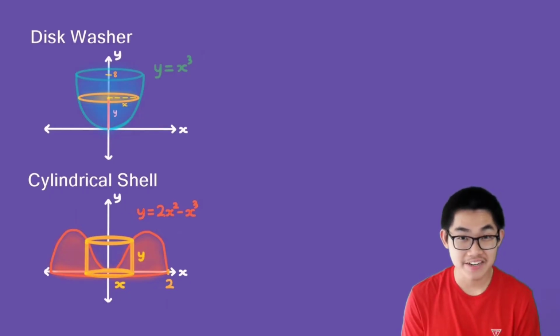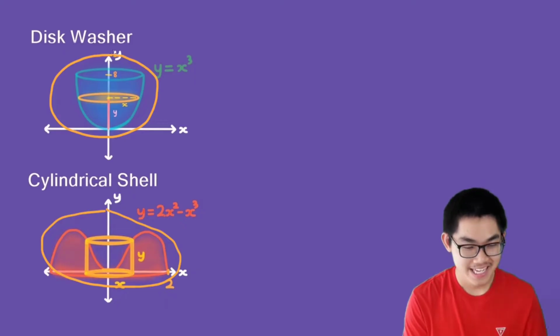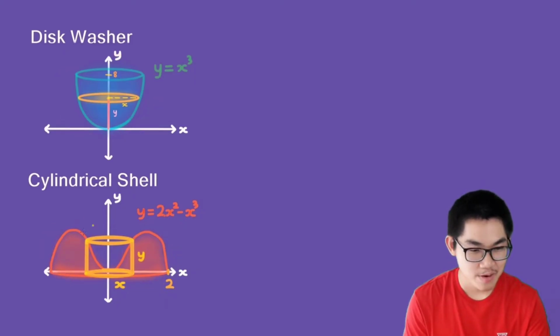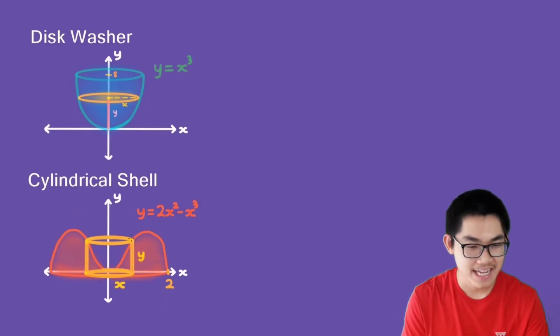The trick here is if the shape that you get does not look like a cucumber cut in half. So in this case, our three-dimensional object looks kind of like a mountain with a dent inside it, and it does not look like a cucumber shape cut in half. You have to use the cylindrical shell method.